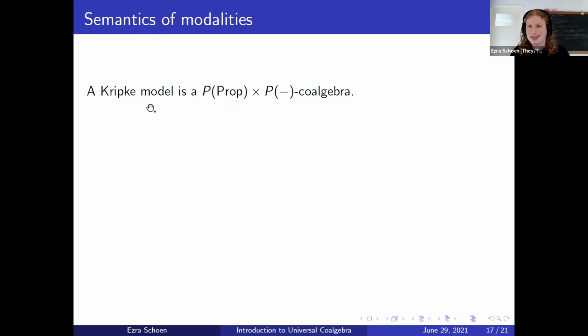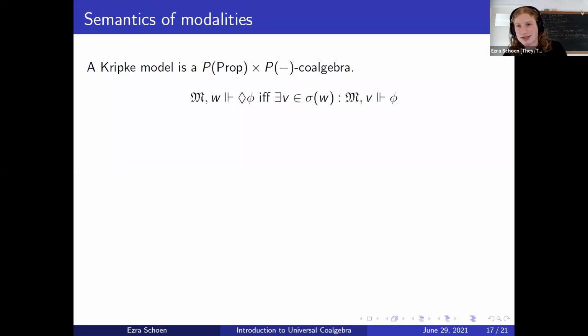So a Kripke model is nothing more than a coalgebra for this functor. Because what does a coalgebra for this functor look like? Well, at every world, you get a set of proposition letters which are marked true at this world, and you get a set of successors. And this is really just the data of a Kripke frame, or a Kripke model, I should say.